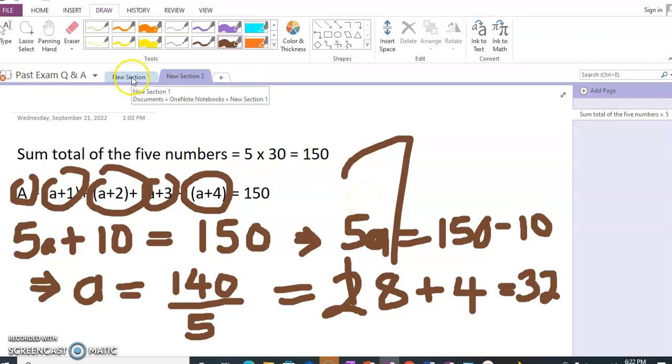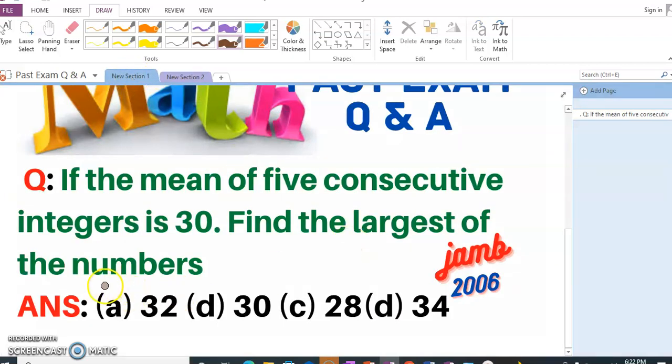So when we go here now, we can see among the options that option A is the correct answer. That is 32, and that's it. This is exactly how to work out solutions like this, and you can see it put in different ways. Once children see this, it's not too difficult. Just follow it little by little. If you just try to get yourself confused, you're not going to get it.